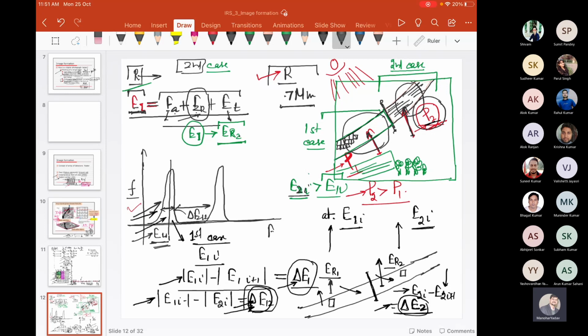They are different. Here I have given the number E1i. You can't say all the ith energy components are the same from the clear water. They are different, but with a very slight variation.